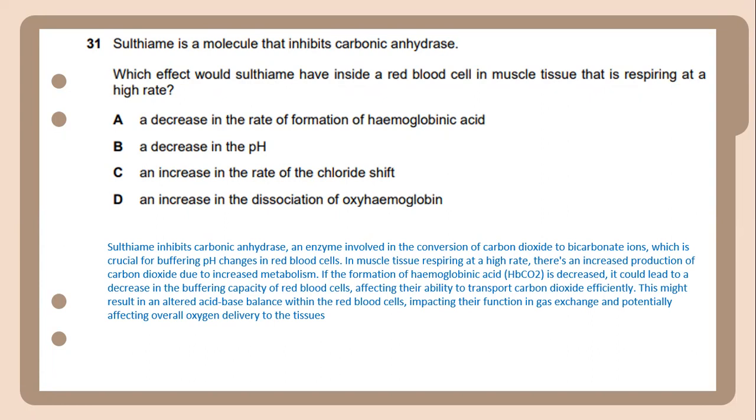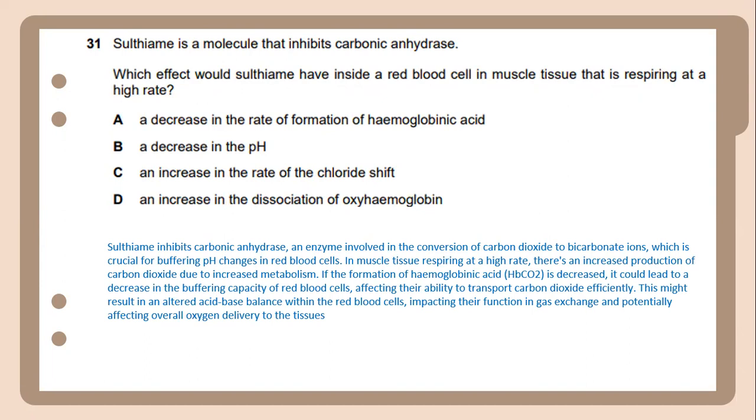In muscle tissue respiring at a higher rate, there is an increased production of carbon dioxide due to increased metabolism. If the formation of carbonic acid is decreased, it could lead to a decrease in the buffering capacity of the red blood cell, which affects the ability to transport carbon dioxide efficiently.